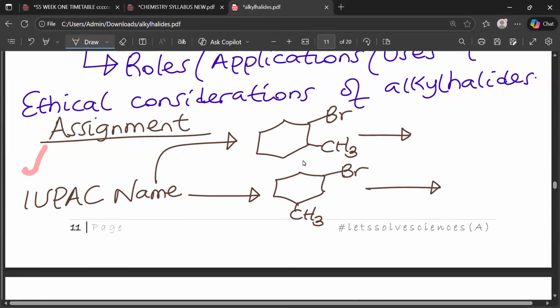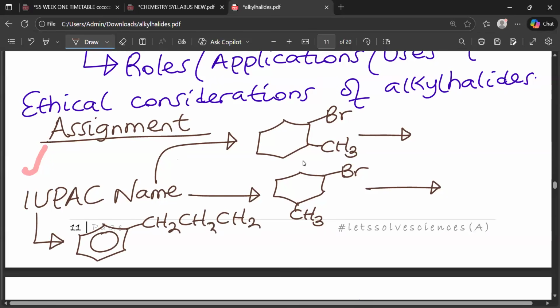Also the IUPAC name of that. Then also give me, yes, you can struggle and see whether things will come out.